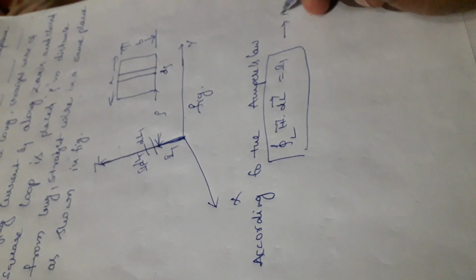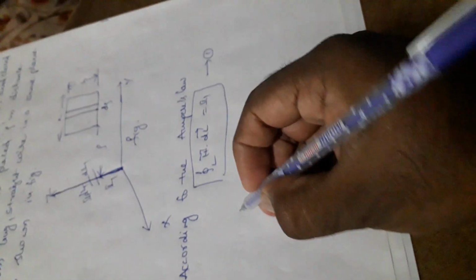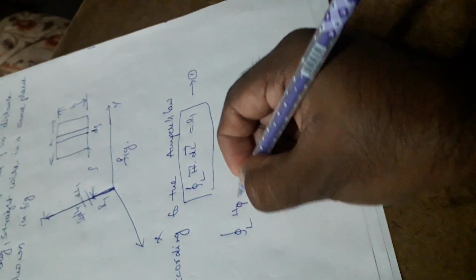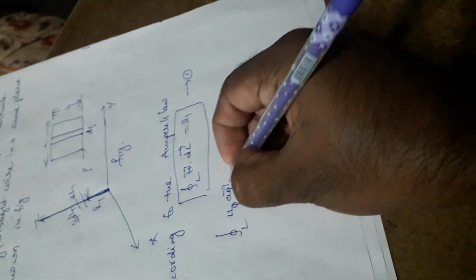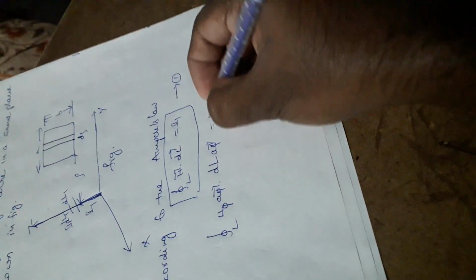So now in the cylindrical coordinate system, H bar is H phi a phi bar, dl bar is equal to dl into a phi bar, then it is I1.